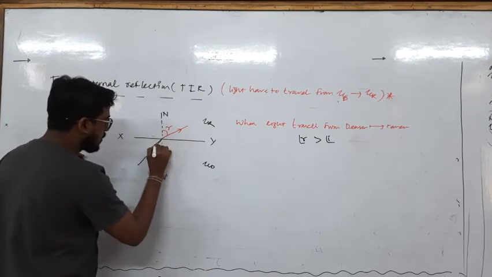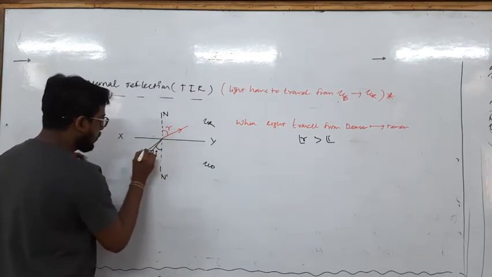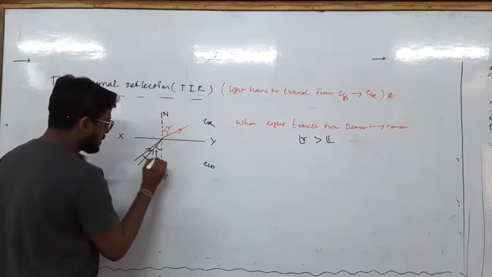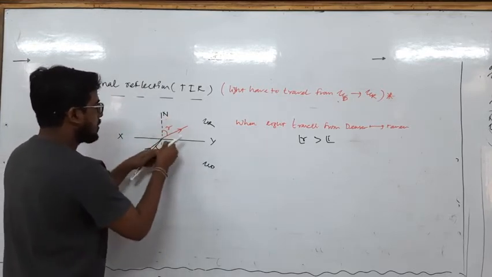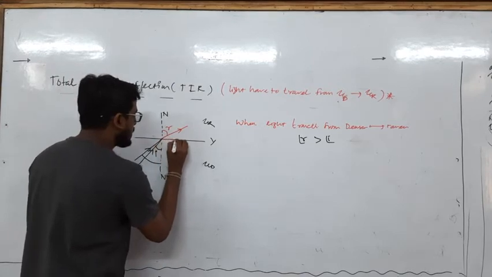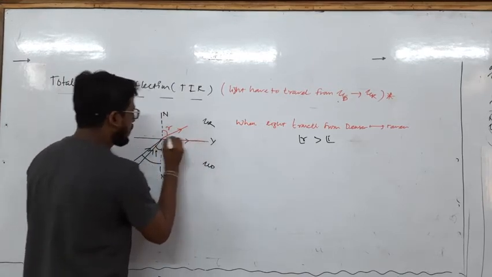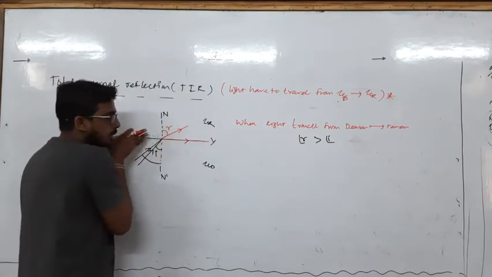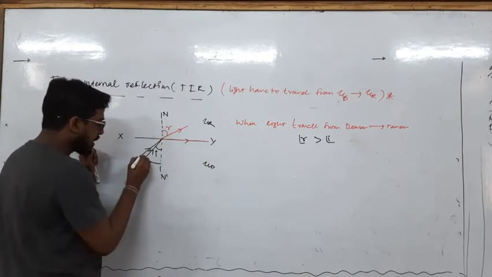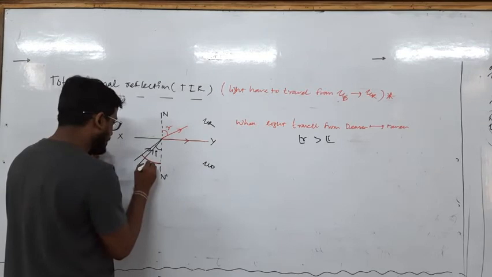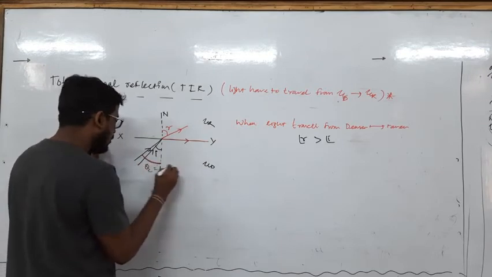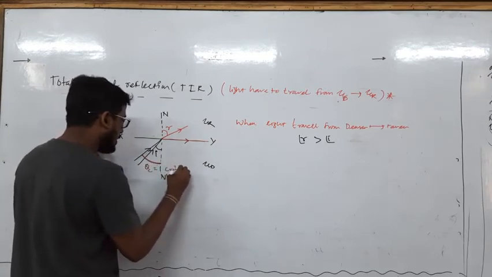For a particular angle of incidence, let the angle of refraction become 90 degrees, or the ray after refraction goes along the interface. Then this angle of incidence is known as the critical angle, denoted by theta c.